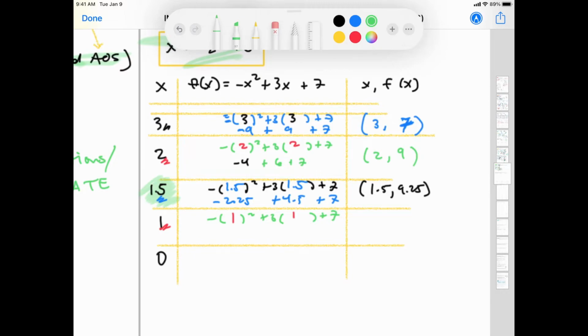This will become 1 squared, 1, negative 1, plus 3, plus 7. 2 plus 7 is 9. 1, 9 is my answer. And let's do 0. Put in 0. 0 squared is 0. Opposite of 0 is 0. 0 plus 0 plus 7 gives me 0, 7.